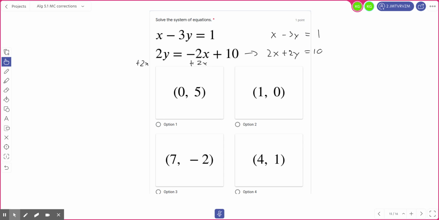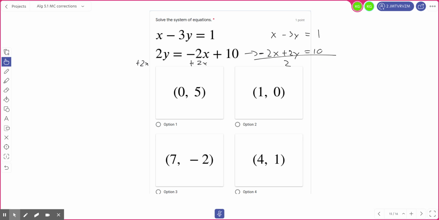Now what I want is to be able to just do subtraction with this whole equation, and I want these x's to cancel out. But I have 1x on the top, and if I do subtraction right now, I'm going to get 1x minus 2x, and that's going to be -1x, and that's not what I want. I want 0 x's. So I have to turn this into 1x, and fortunately, everything in this equation is divisible by 2.